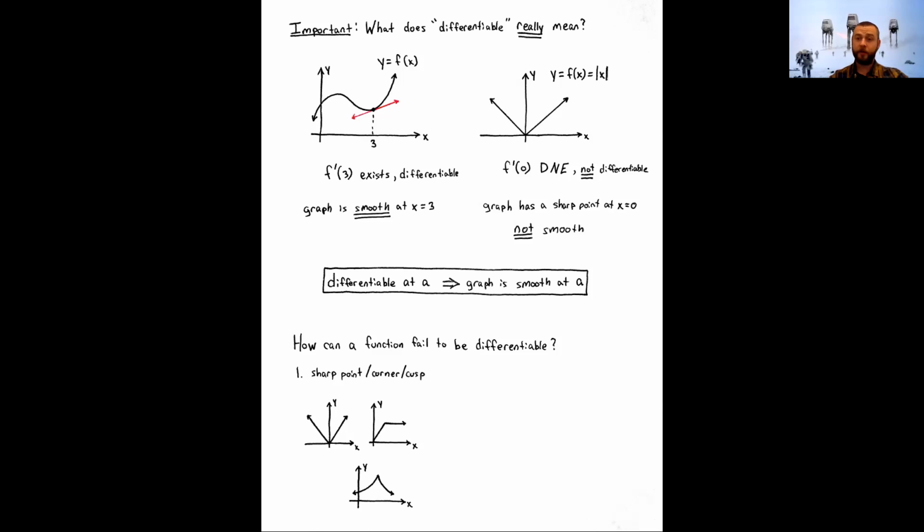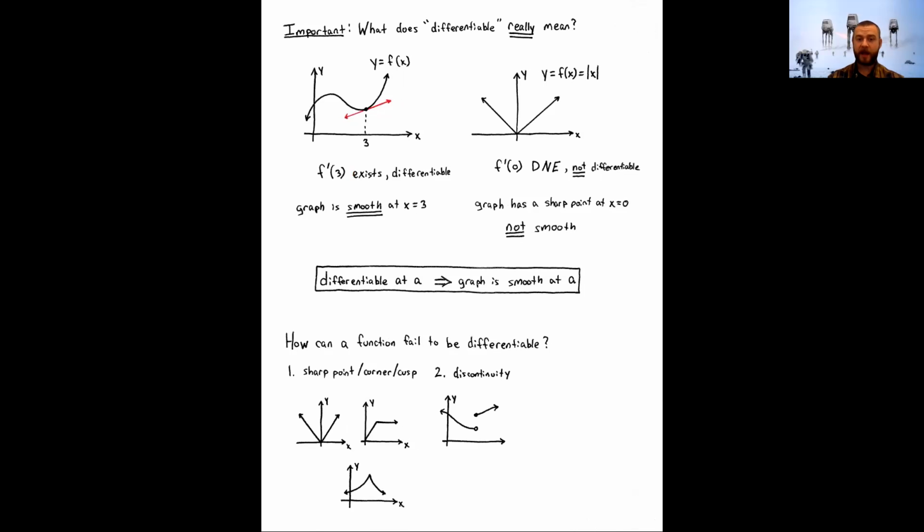Maybe it has a corner, or what we call a cusp. In all three of those graphs, at the sharp point, the corner, or the cusp, the function would fail to be differentiable. Everywhere else, those graphs are smooth, so those functions would be differentiable everywhere except the sharp point, the corner, or the cusp.